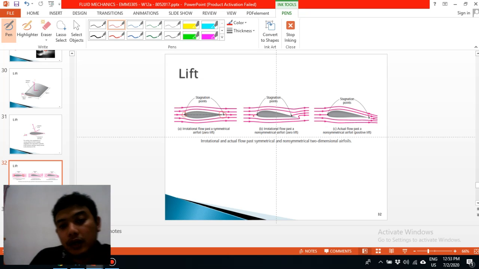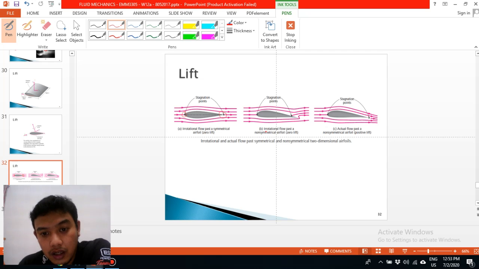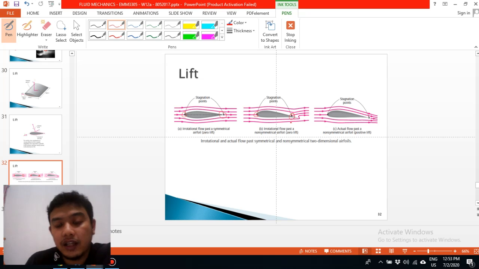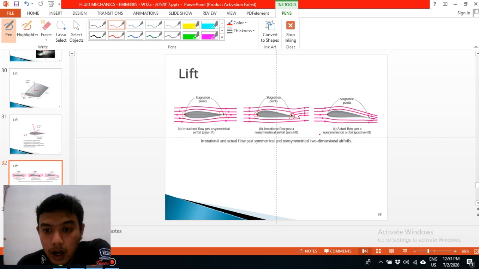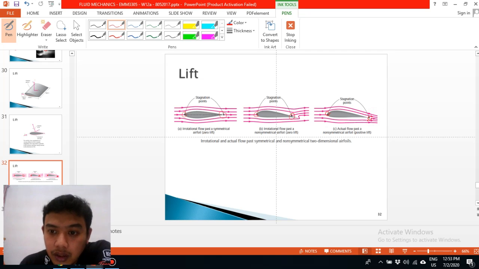Okay, the second one is a non-symmetric airfoil. So this also produces zero lift because the stagnation happens at the beginning and also at the trailing edge. Meanwhile, the actual flow past a non-symmetrical airfoil produces positive lift, where the stagnation is at the beginning and the other stagnation happens at the end after the wing.